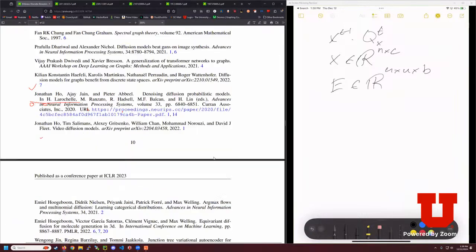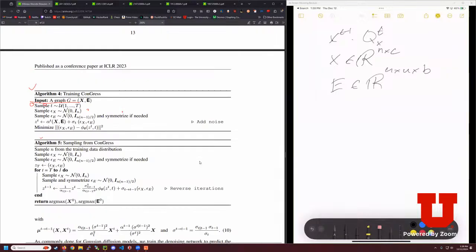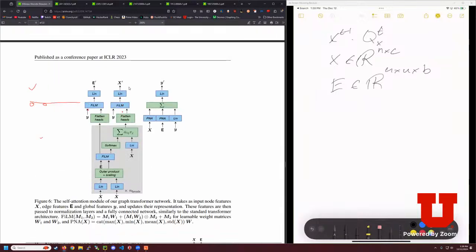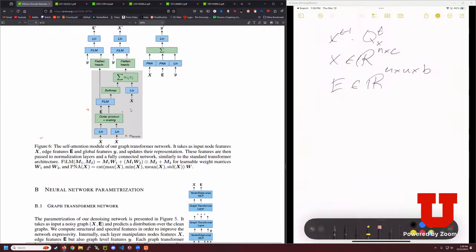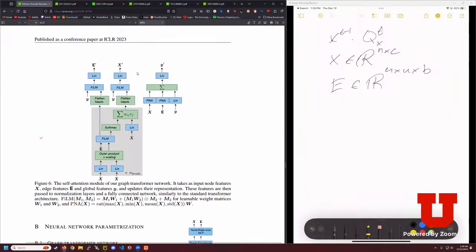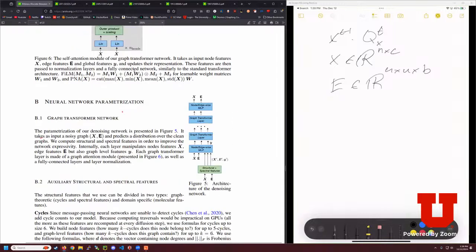Let me scroll down. I believe so. They might take a softmax of it before sampling, but it's just mapped by a linear layer, I believe. But yeah, there should be a softmax or something at the end.